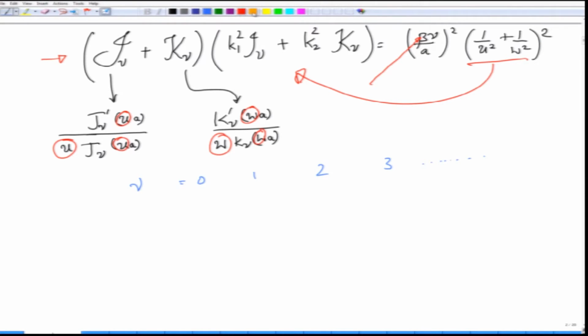One is that this term which I am denoting as 1 be equal to 0, or this second term 2 be equal to 0. It turns out that if 1 is equal to 0, that is J nu plus K nu is equal to 0, then this corresponds to solutions of the form TE 0M. Okay.